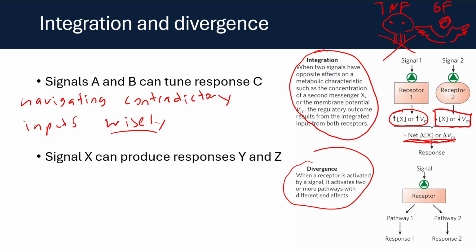Triggering its receptor activates protein kinase A. Protein kinase A eventually activates glycogen phosphorylase, so that means glycogen breakdown, while we also shut down PFK2, which is going to slow down glycolysis. So the way I like to think of divergent signaling is multitasking.